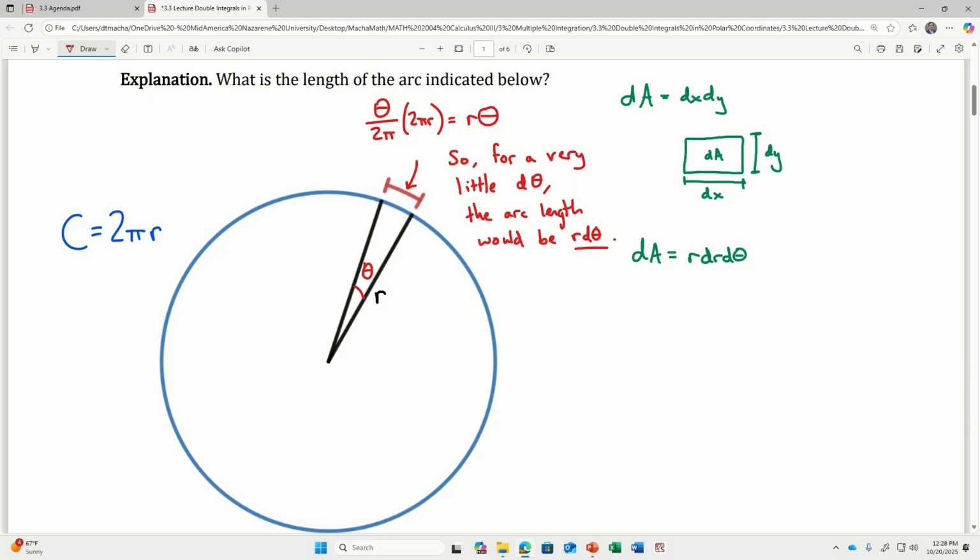Imagine taking the limit as theta goes to 0, but we're not setting theta equal to 0. We're just considering very, very tiny values for theta. We could call that d theta for a little change in theta. And then the length of that arc on the circle would be r times d theta. We agree?